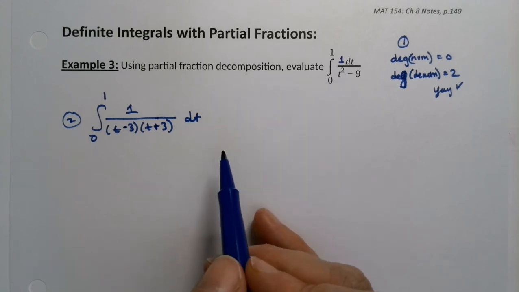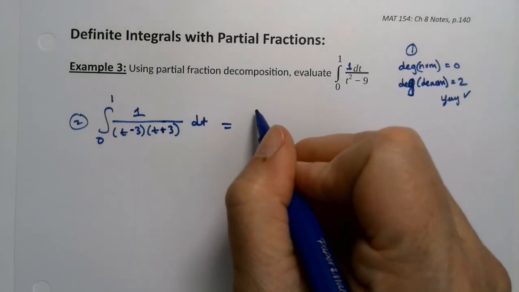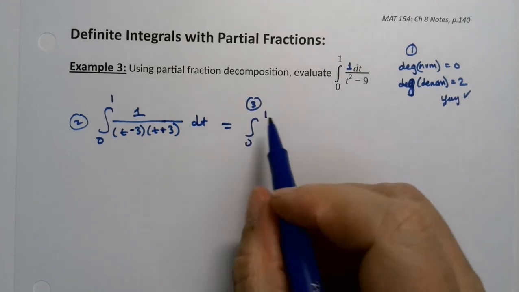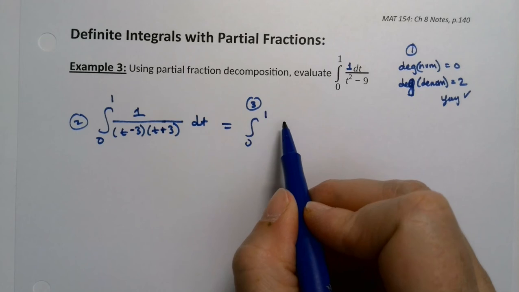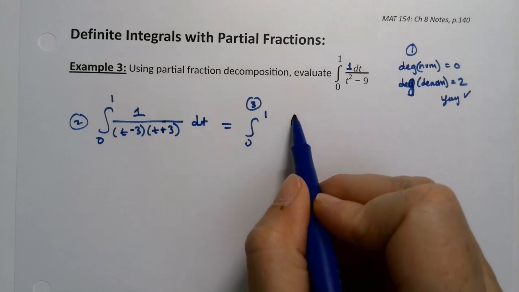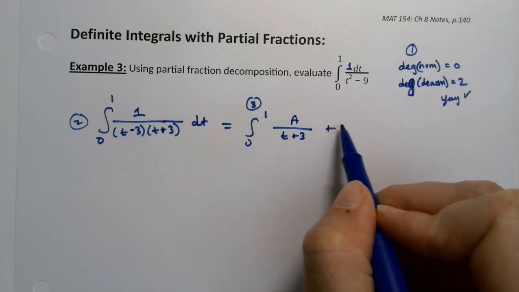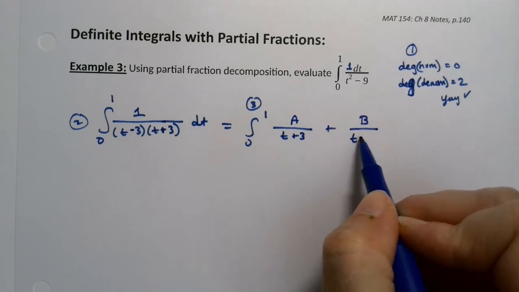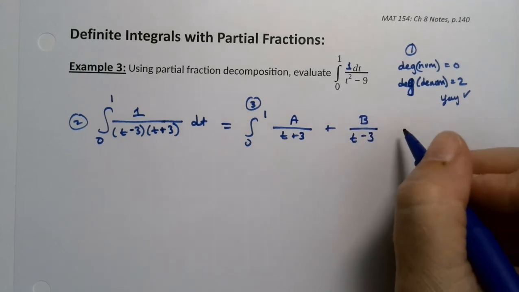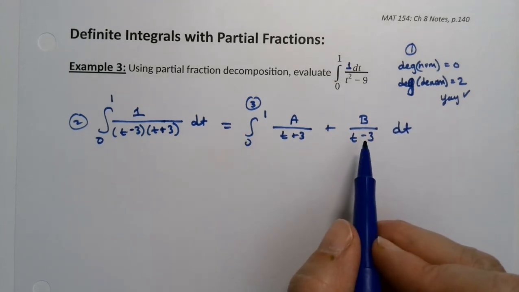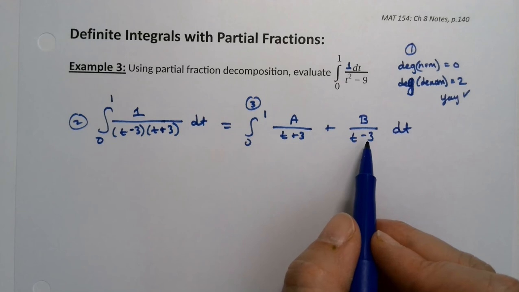All right, so that's step 2. Step 3, I will break it up into two fractions with unknown coefficients. So it'll be A over t plus 3 plus B over t minus 3, or if you like minus 3 plus 3, it doesn't make any difference, just as long as you have each of them there. All right, so there's step 3.